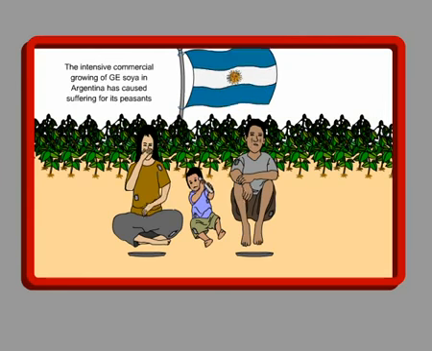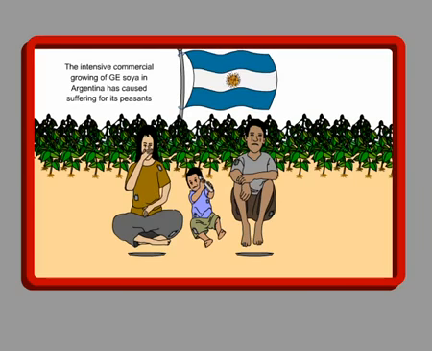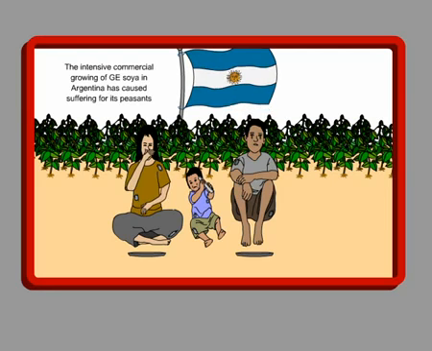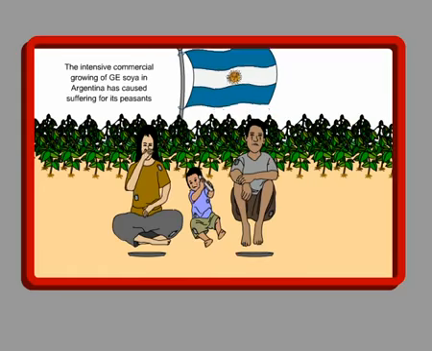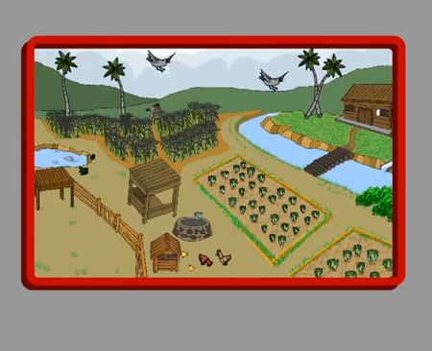They have lost their local food like vegetables, which they depended on for a healthy diet. Now, they are forced to eat GE soya, which is harmful, not their cultural food, and widely used for animal feed in other countries. We do not need GE crops, GE rice, or GE food.